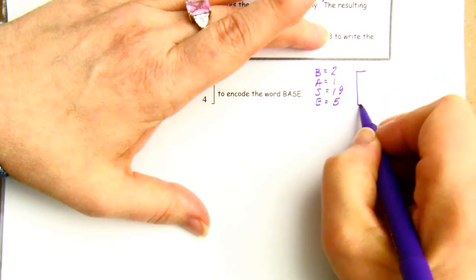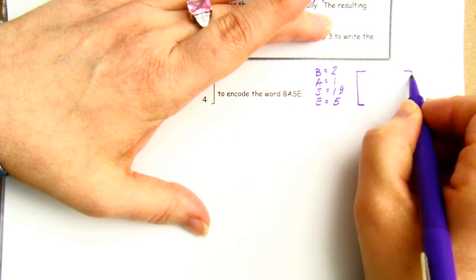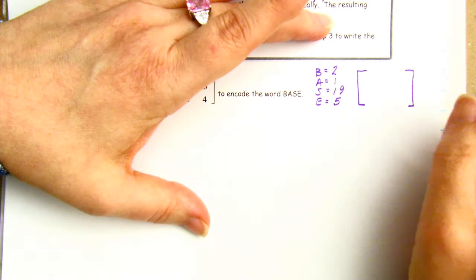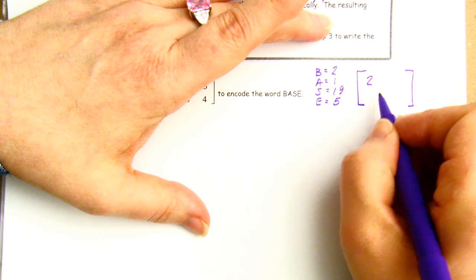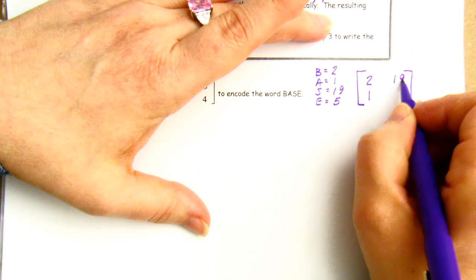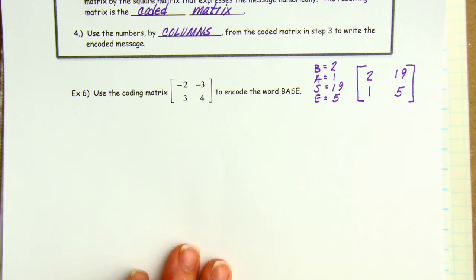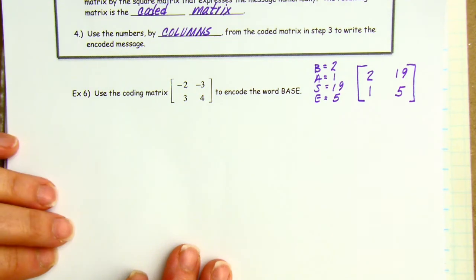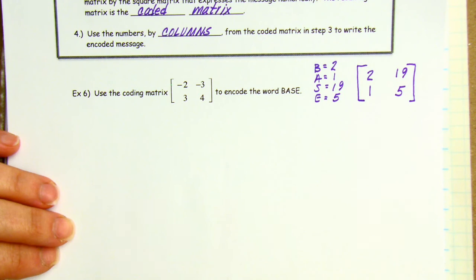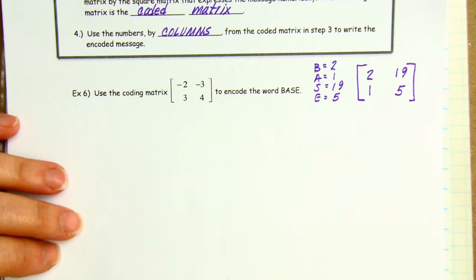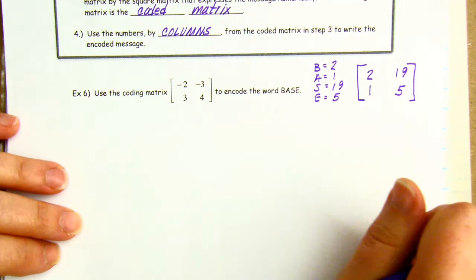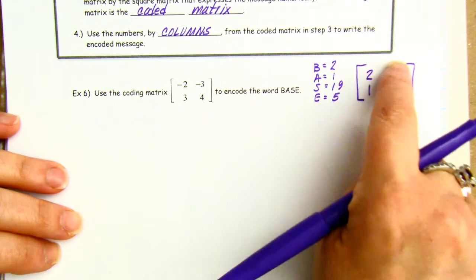So now when I convert this into a numeric matrix, it's got to go in columns. It's 2, then 1, then 19, then 5. So that's one thing new you have to remember to do. Instead of going across the row and jumping to each successive row, we're going to go down the column. 2, 1, 19, 5.